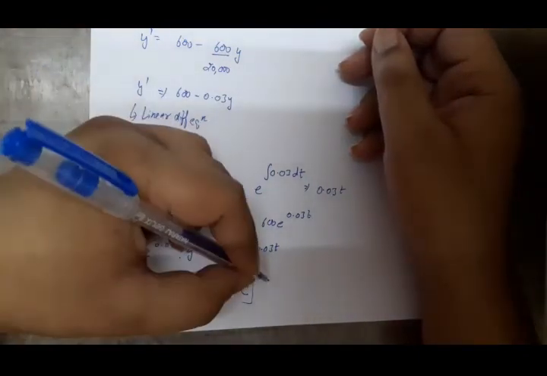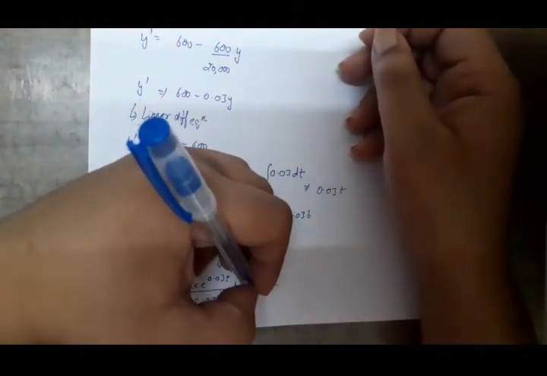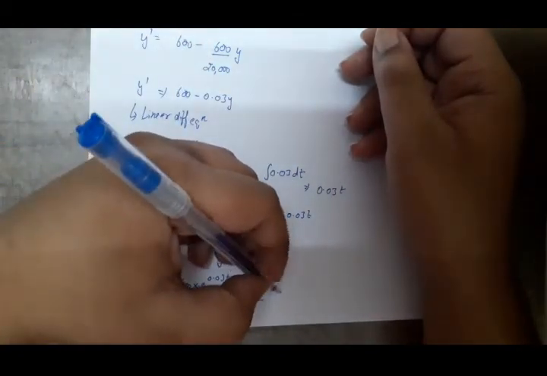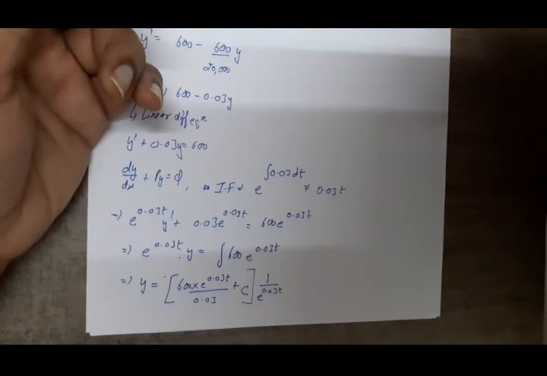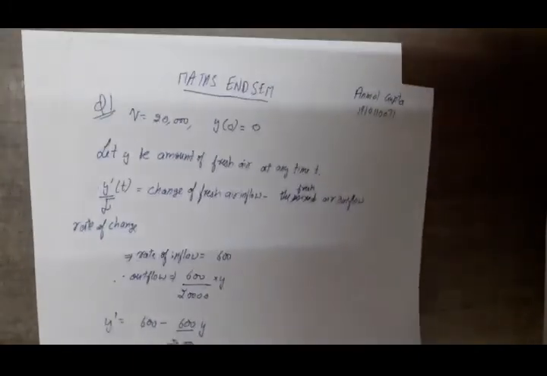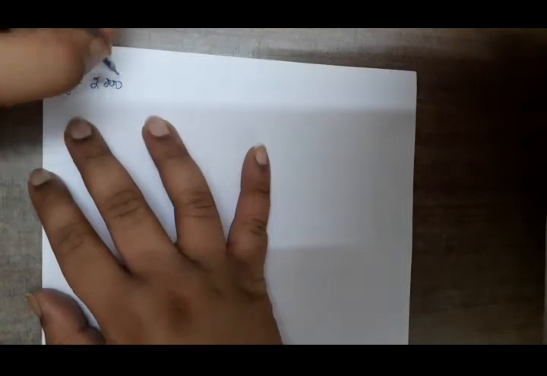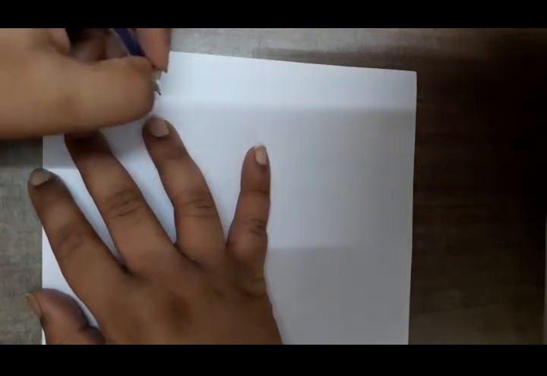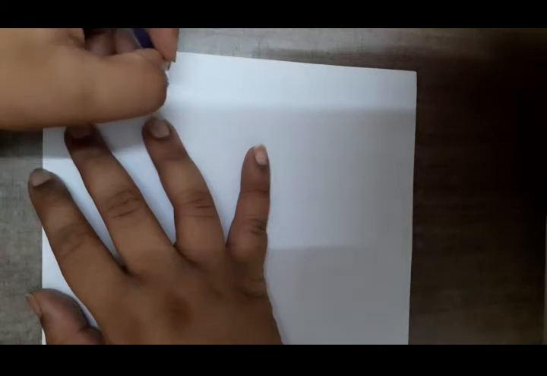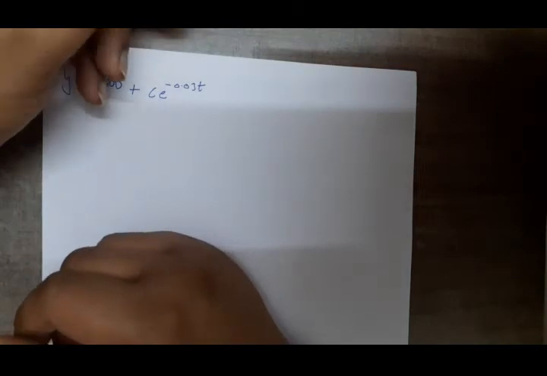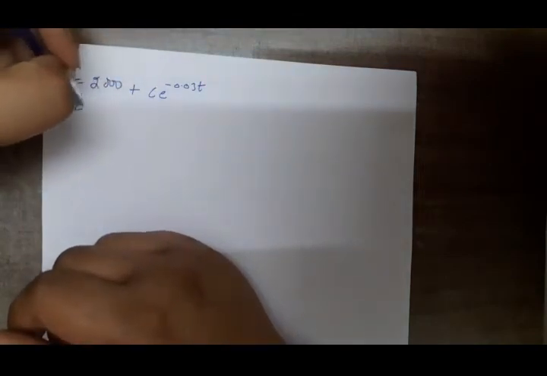This comes to the denominator as e to the power 0.03 t, so this will be the general solution.